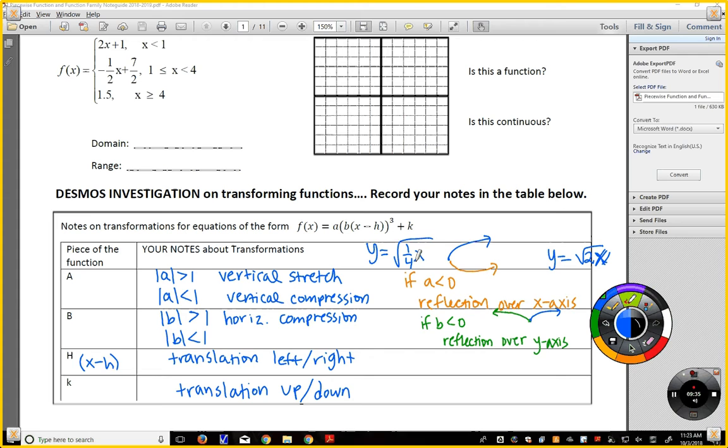Think about it. If you take a test at a fourth of the speed you took it last time, how much longer is it going to take? 4 times as long, right? Because you're working at a fourth of the speed. So when the number in here is small, what we're actually measuring on the graph gets really large. So this becomes a horizontal stretch.